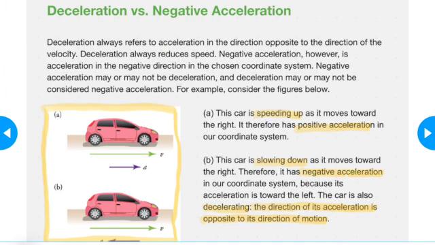In this case, deceleration and negative acceleration are the same thing, but in this case only. If the object is moving in the positive direction, but slowing down and decelerating, then our acceleration is moving to the left, and that means we have negative acceleration with deceleration.